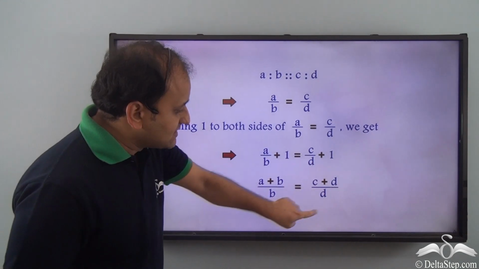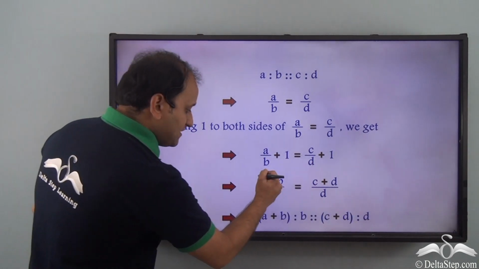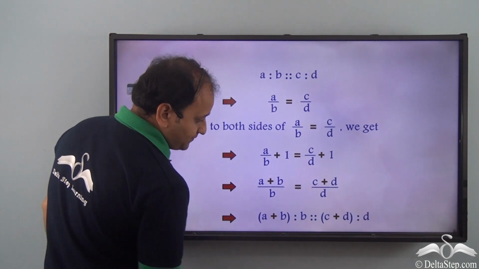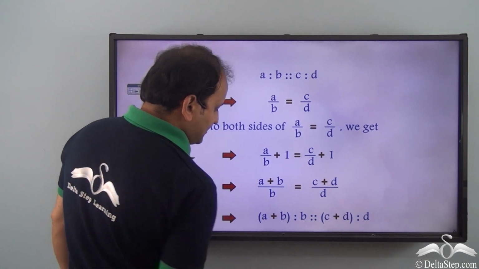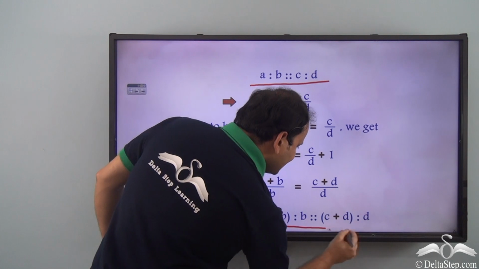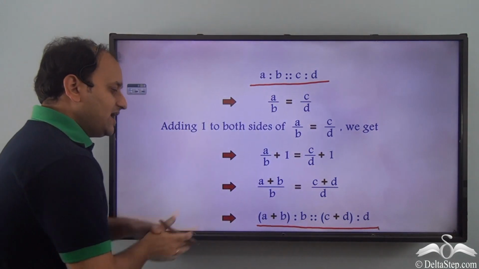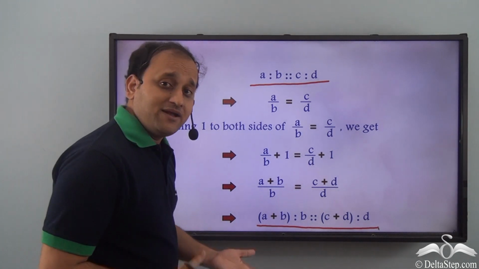Now if we write this in the form of proportion, what do we get? A plus B is to B is proportional to C plus D is to D. So from this relationship we obtained this, and this is a very important property of ratio and proportions.